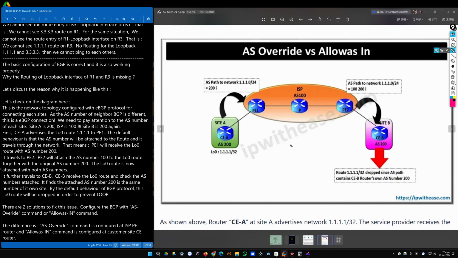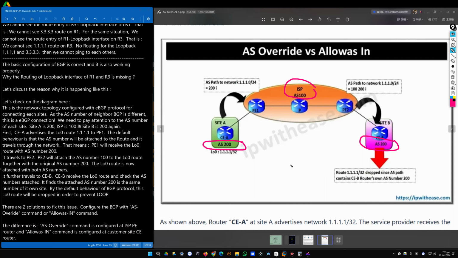This is an eBGP connection. We need to pay attention to the AS number of each site. Site A is AS number 200. Site ISP is AS number 100. Site B is AS number 200 again.